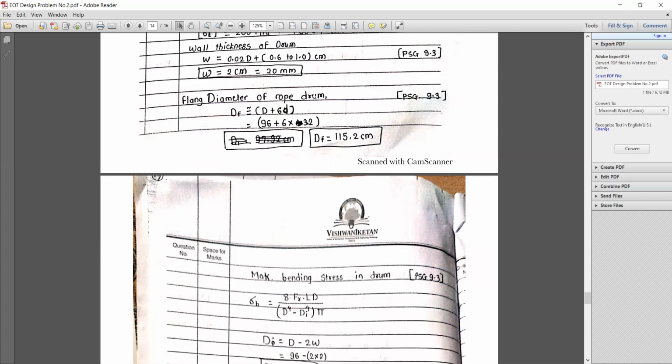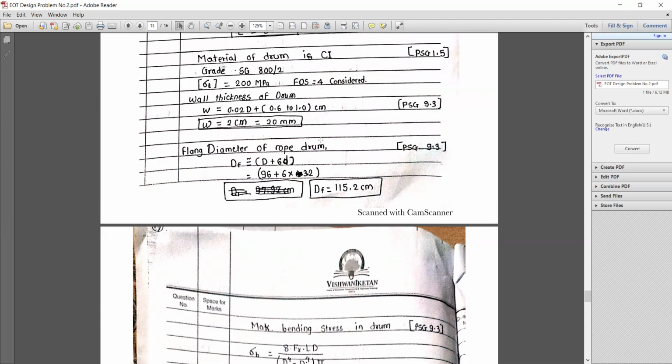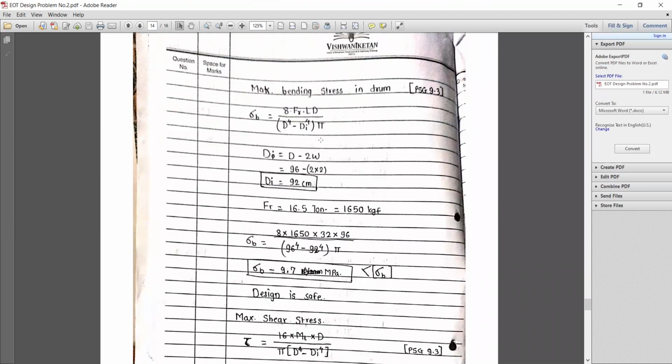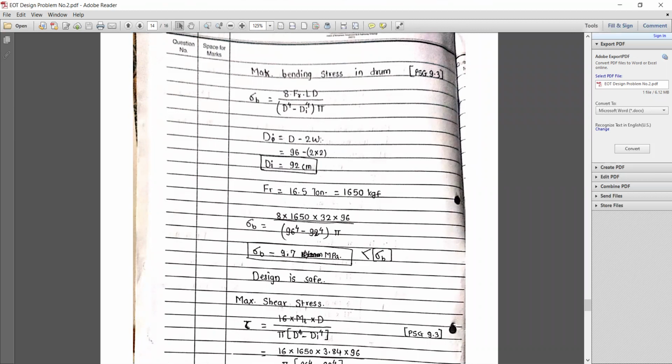Now next is the flange diameter. Flange diameter of the rope drum Df is approximately equal to D plus 6 times the rope diameter. So 96 plus 6 multiplied by 3.2, so the diameter of the flange is equal to 115.2 centimeter. We have calculated drum values in centimeter, that should be kept in mind.